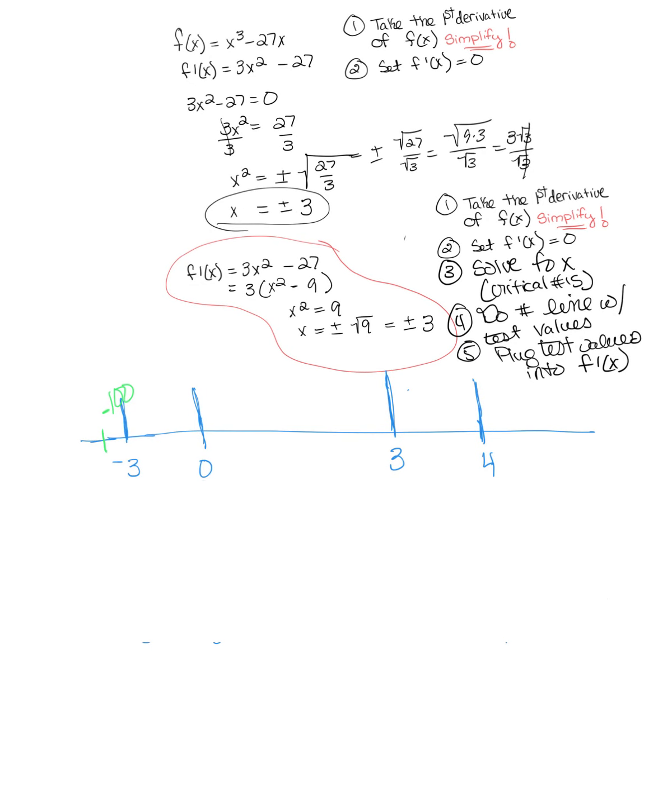Okay. So we have negative 100. Well, what's between? It doesn't matter, by the way, what number you pick. It just has to be in between. All right, so we can just do 1. Wait, this is negative 3 and 0. So let's do negative 1. And then between 0 and 3, we'll do 1. I'm a big fan of 1.